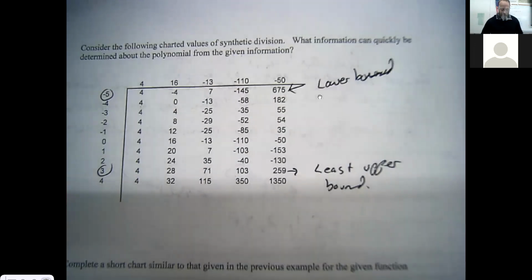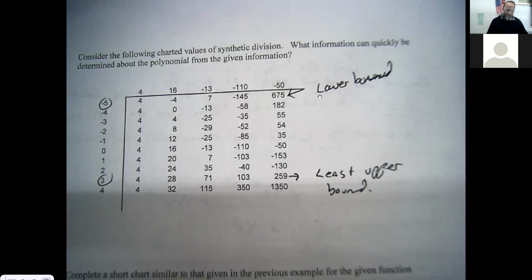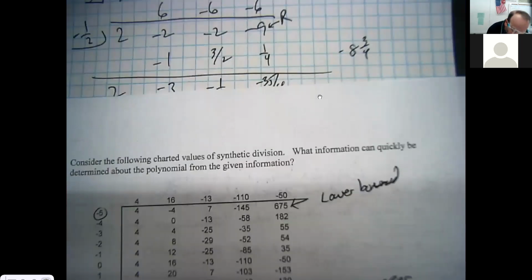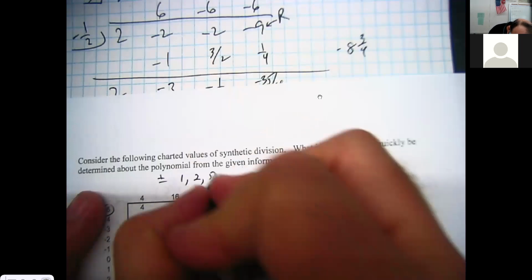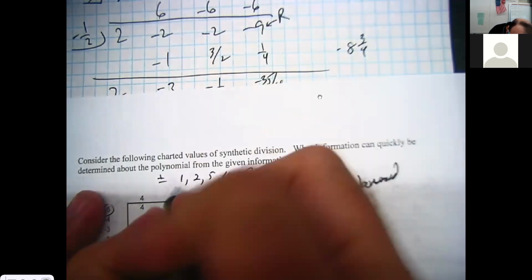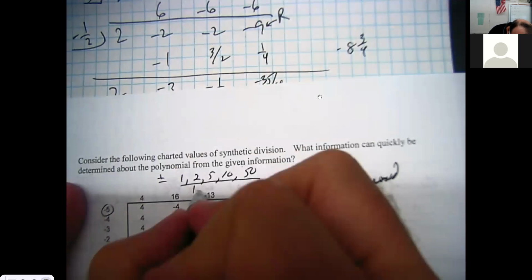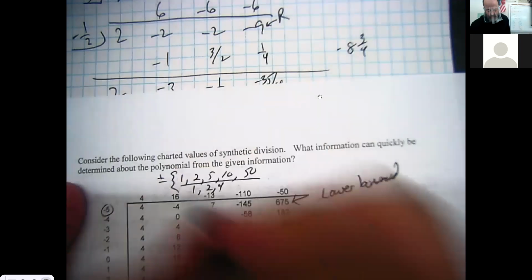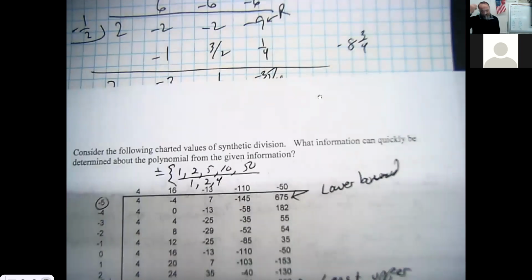So when you look at your big fatty list of all of the things that you could have, because this thing could go all the way up to 50, and 1, 2, and 4 are my possible denominators, you tell me, could 10 be a root?